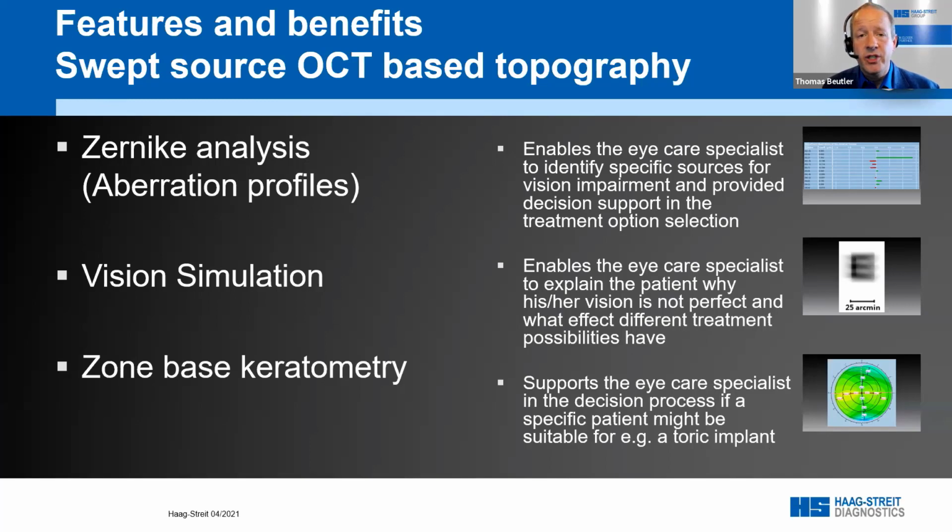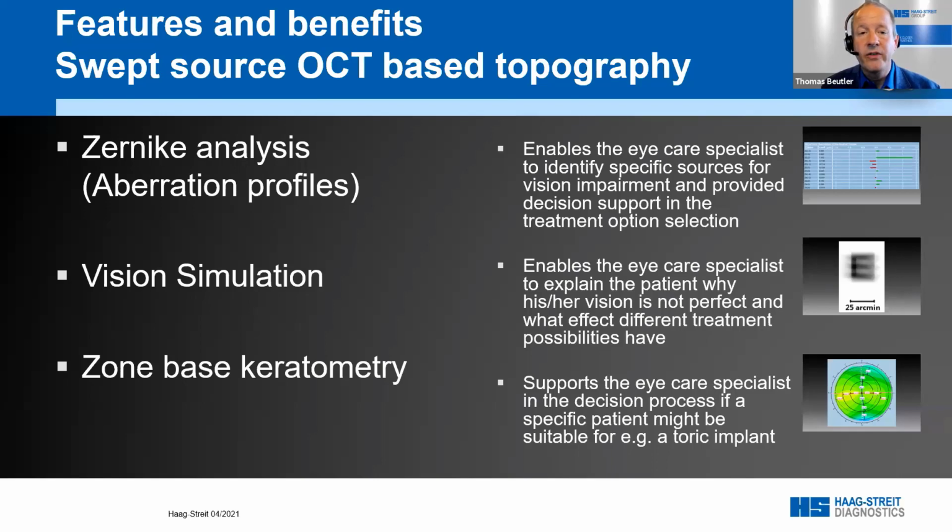Then the vision simulation tool allows you to transfer this rather theoretical data for a patient into something he can work with, something that shows him how his eye would work, how his vision would be. So we have the letter E, and we also have the Landolt rings available that show the distortion from the imperfect cornea.